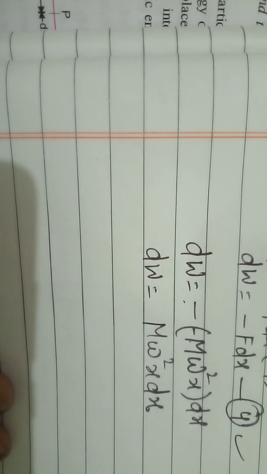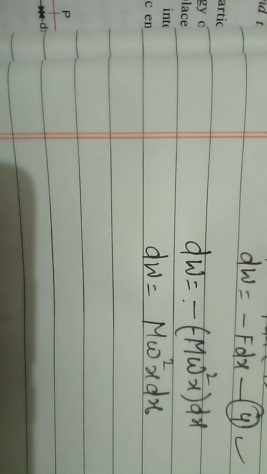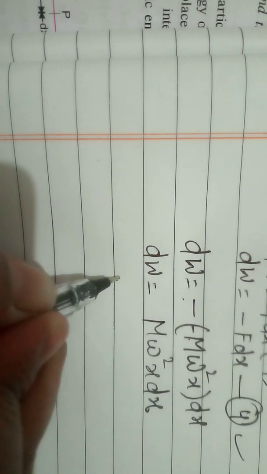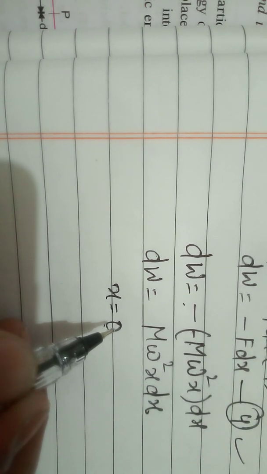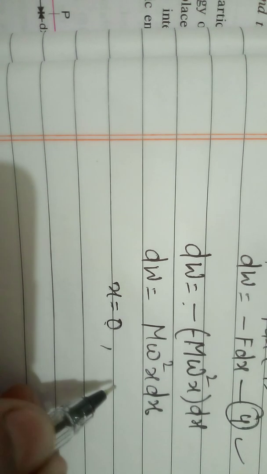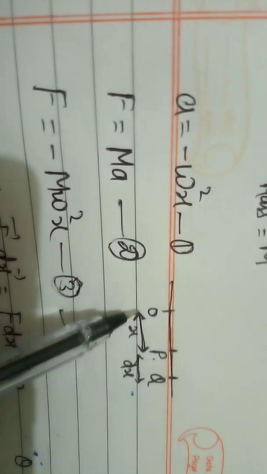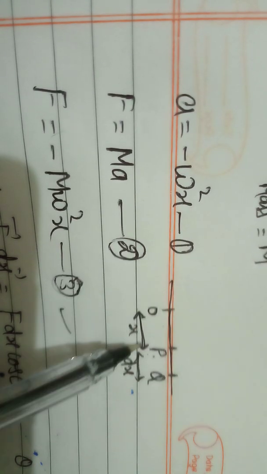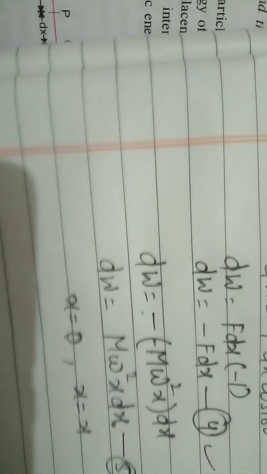Now students, we want to calculate the total work done when the particle is displaced from the mean position, where x is equal to 0, to the point P, where x is equal to x. At the mean position the distance is 0 and at position P the distance is x. So integrate; this is equation number 5.